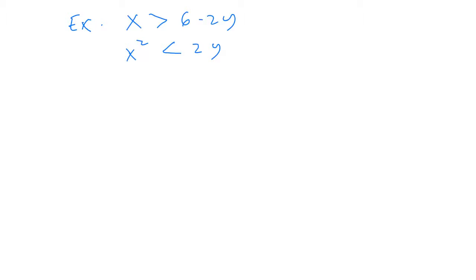Okay, so we have here x greater than 6 minus 2y, and the second one is x squared less than 2y. So we will label this as inequality 1, and the second one is inequality 2.